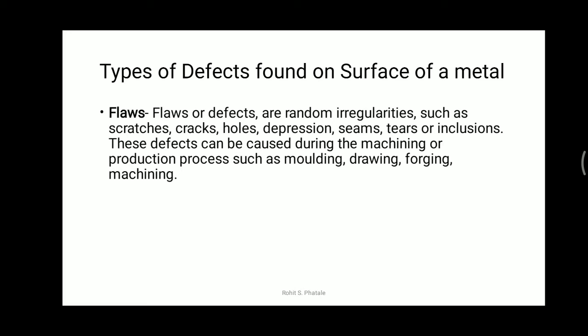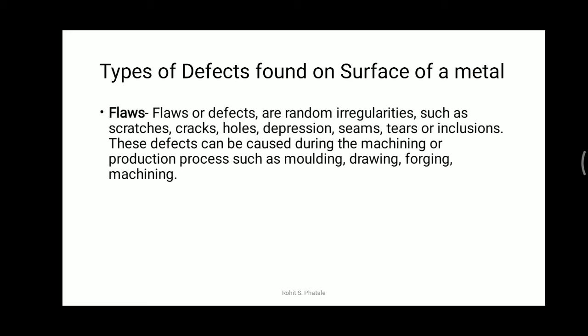So the first definition is flaws. Flaws or defects are the random irregularities such as scratches, cracks, holes, depressions, seams, tears and inclusions. All these defects come under the flaws.